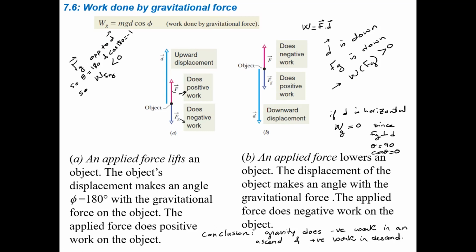This is because gravity is not supporting you, it's actually resisting you, it's taking part of your energy. Whereas if you're descending, you feel things are much easier, even easier than when you're moving on a leveled surface. This is because gravity is supporting the motion, it's doing positive work, it's spending some energy on you as you descend downwards.